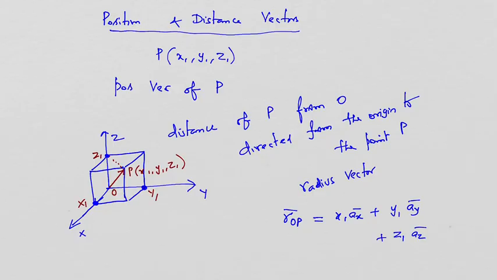The magnitude of this vector will be the square root of x1 squared plus y1 squared plus z1 squared, the magnitude of this vector in terms of three mutually perpendicular components. So point P, for example, has coordinates 1, 2, 3, and the origin is at 0, 0, 0. It is the point at which those three axes meet.